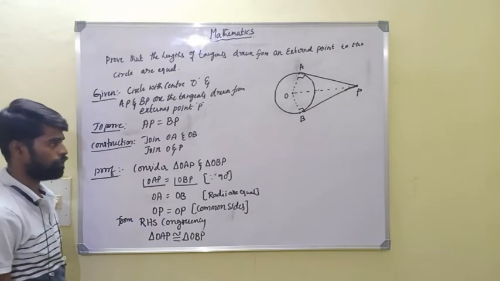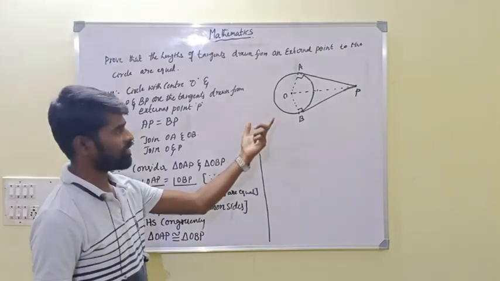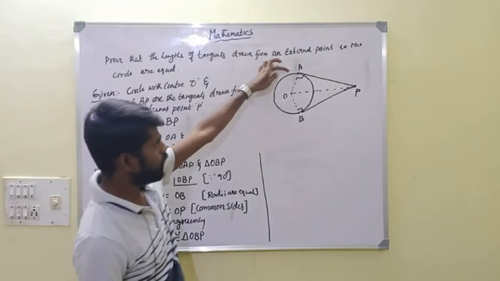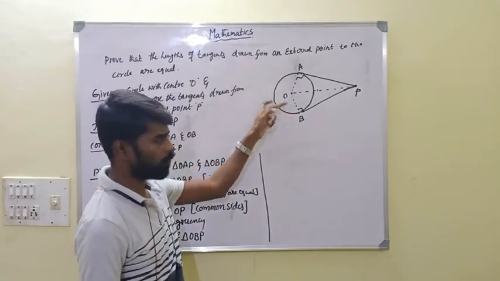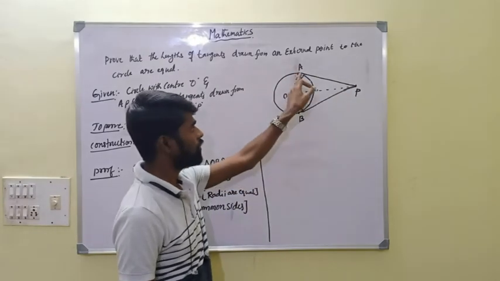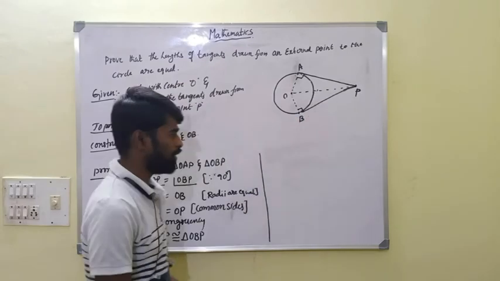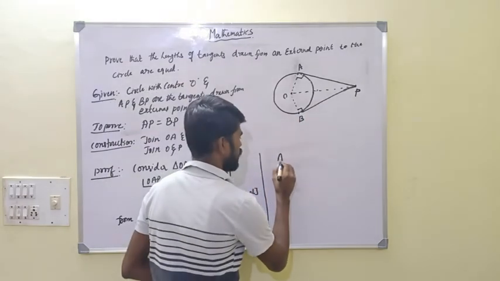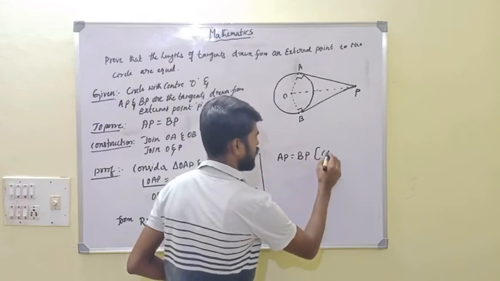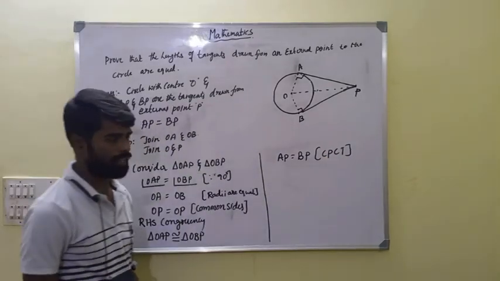Hence their corresponding sides are equal. Here, which are the corresponding sides? OA corresponds to OB, OP corresponds to the same OP, and the last corresponding side is AP equal to BP. AP equals BP by corresponding parts of congruent triangles.